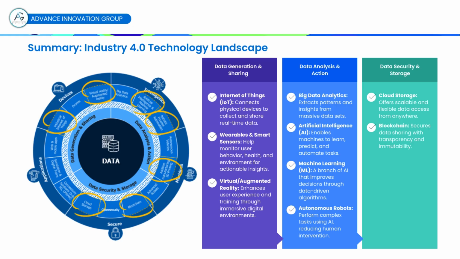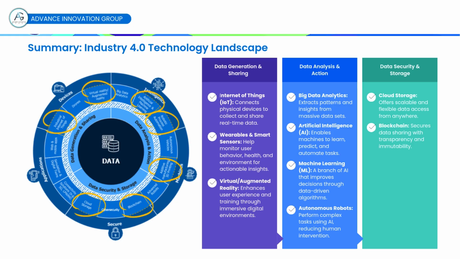Moving to data analysis and action. Big data analytics helps extract meaningful patterns from huge datasets. Artificial intelligence, AI, and machine learning, ML, allow systems to learn and improve over time. Autonomous robots use this intelligence to perform tasks independently.